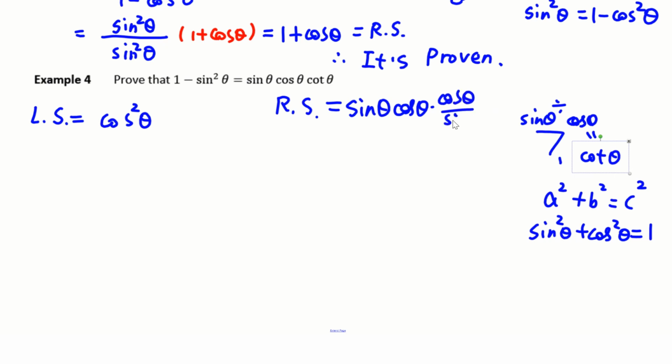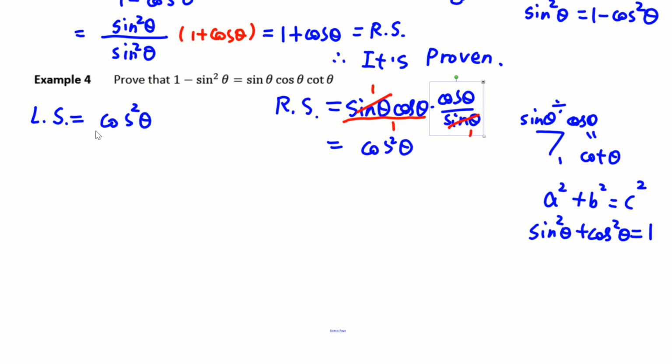This is from the hexagon. Then we can imagine that everything is divided by 1. Change it to a fraction, then the common factor in numerator and denominator we can cancel out. So cosine theta divided by sine theta, the sine cancels. Then we have cosine times cosine, which gives you cosine squared.